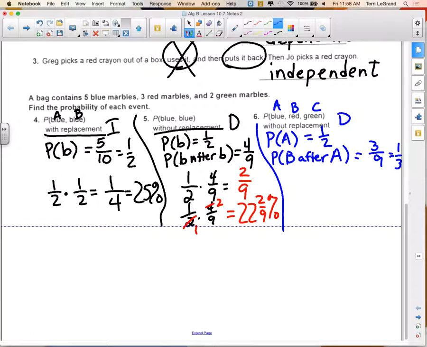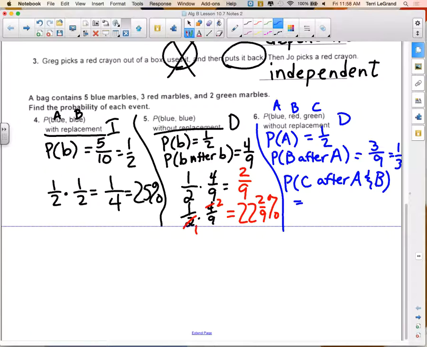Okay, now we need the probability of C after A and B. So after A and B, because we got a third event that went on here. So probability of C, we want a green. How many greens are left in there? 2, because we did not want to draw a green one the first time, did we?